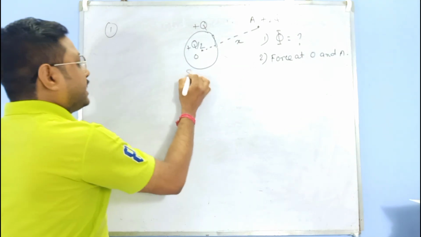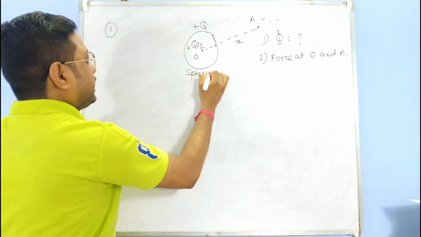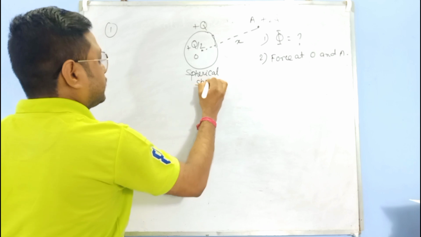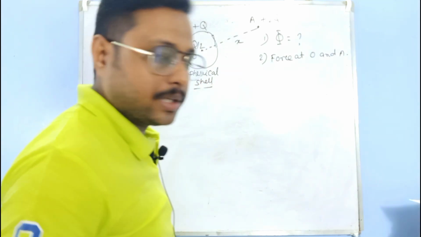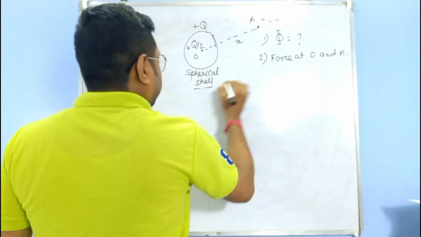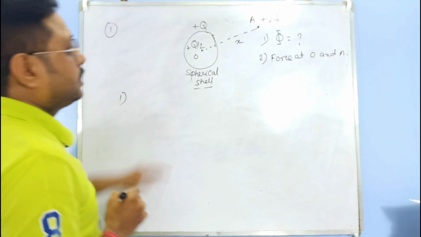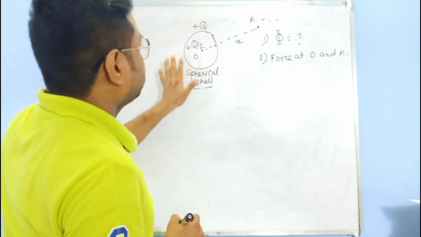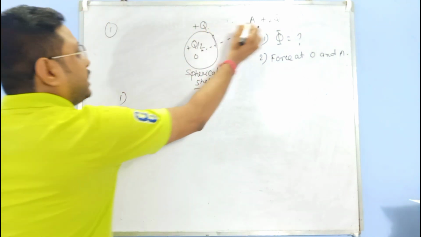This is a thin spherical shell, not a solid sphere. Remember, the formula will be different. What is phi? Number one, what is the charge inside? q by 2, because q and 2q are outside.